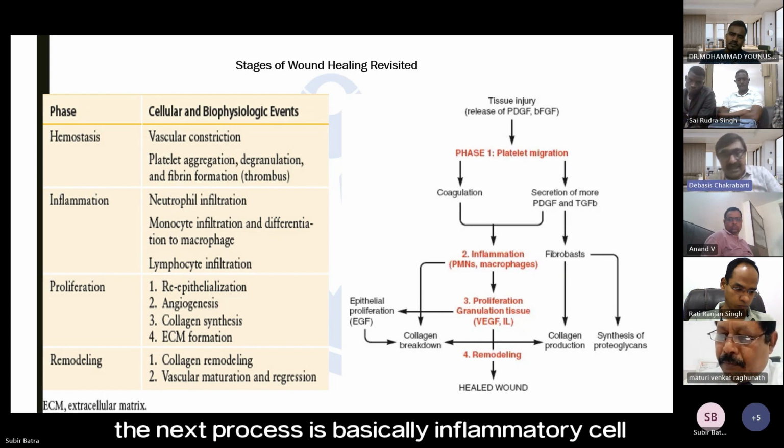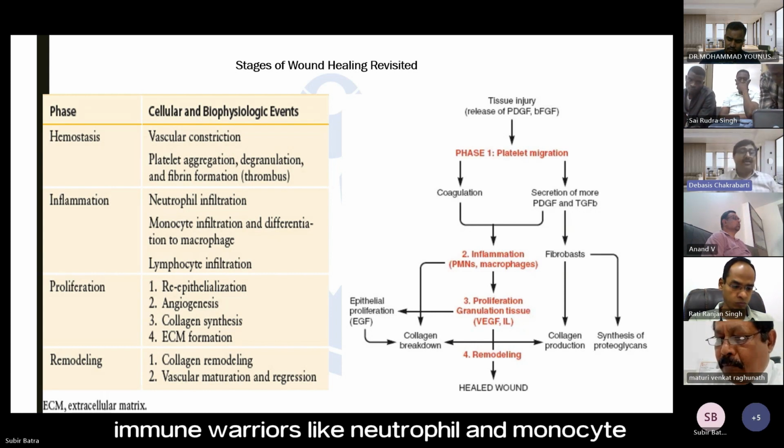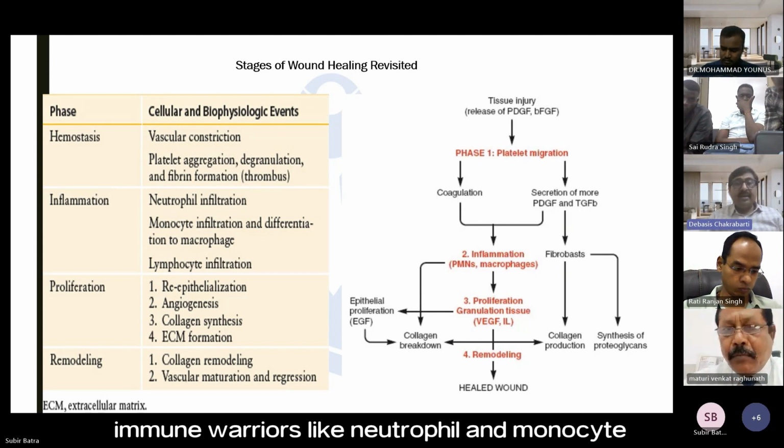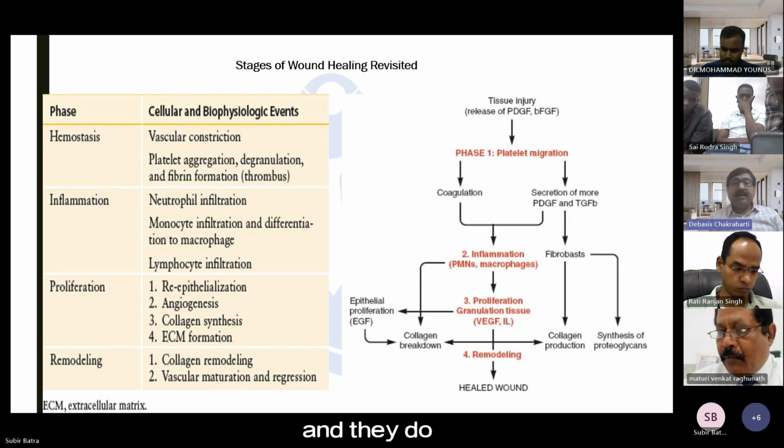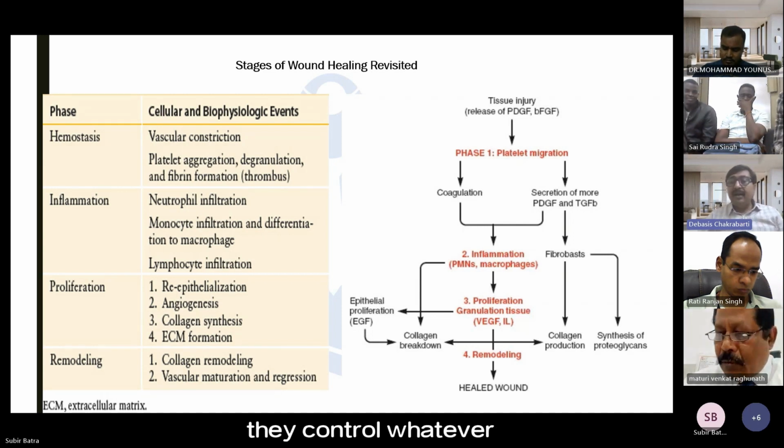The next stage is inflammation, where there is an entry of the body's own immune cells like neutrophils and monocytes, and they do phagocytosis, and then lymphocyte infiltration. They control whatever infections are there.